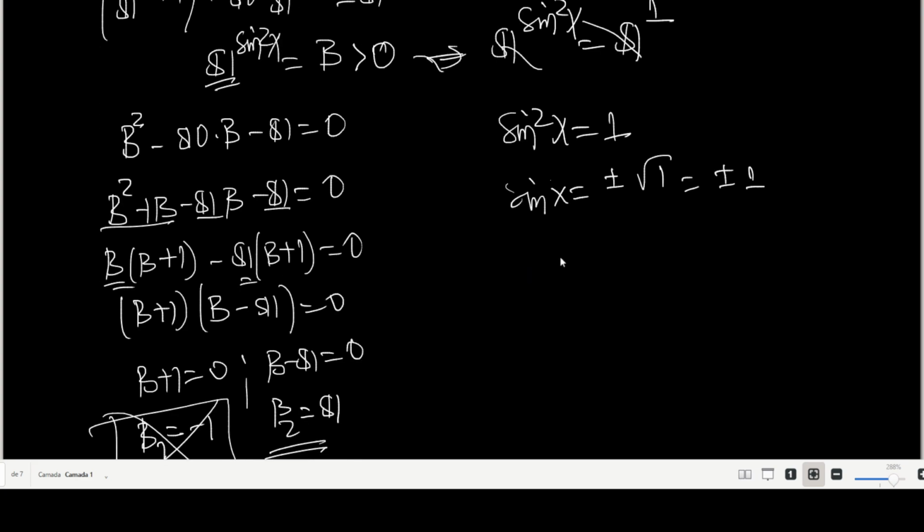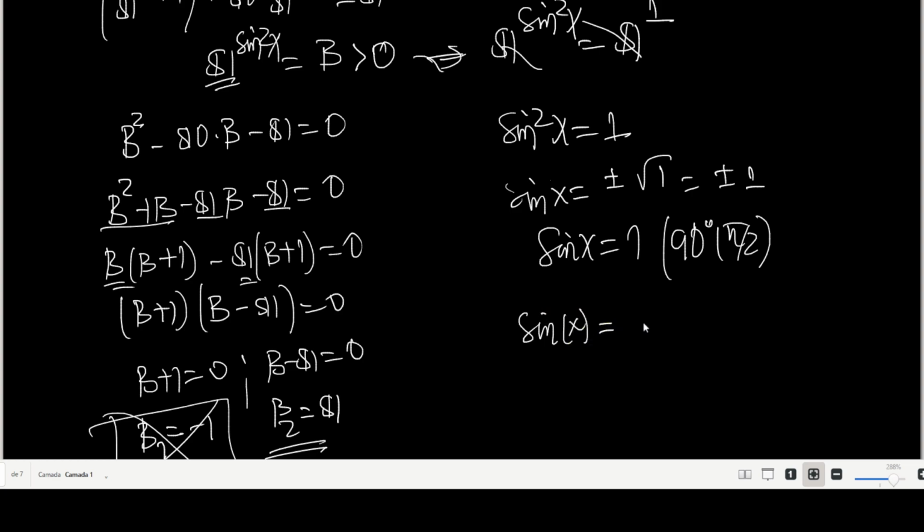So sin of x equals 1, the angle that returns 1. In our unit circle it is 90 degrees, or pi over 2. So sin of x equals sin of pi over 2, which means x is equal to pi over 2.